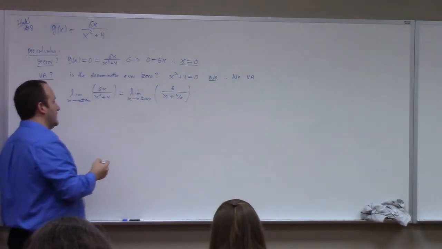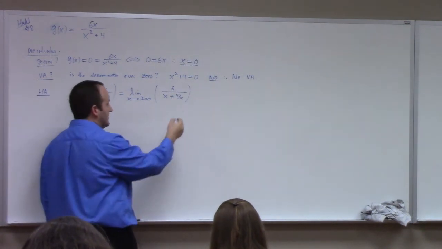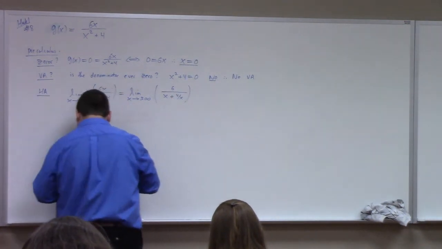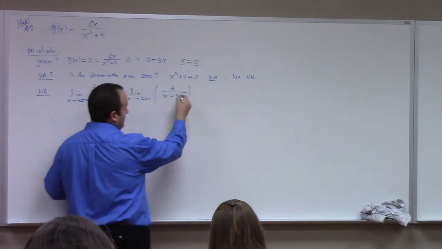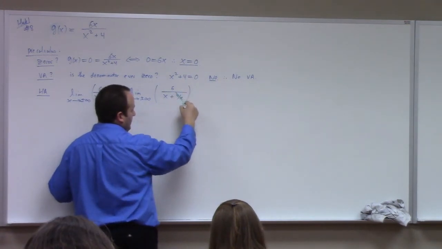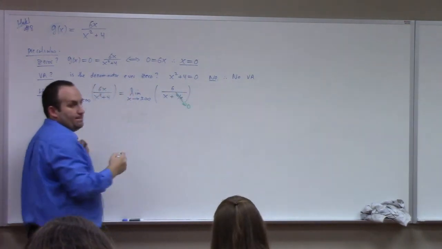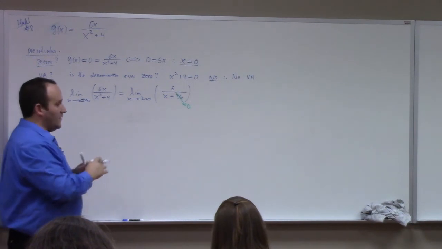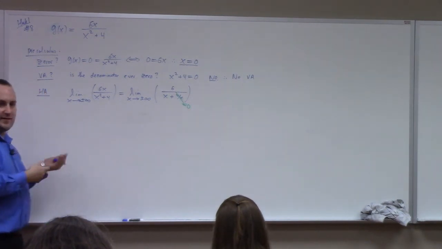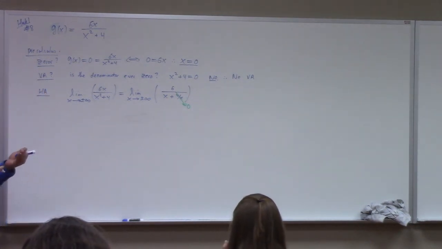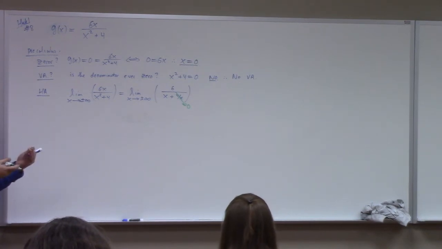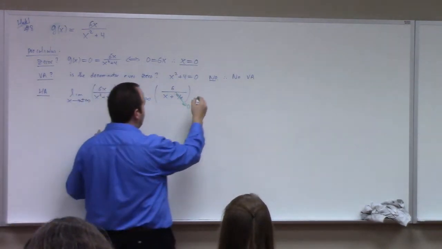What happens to 4 over x as x goes to plus or minus infinity? This piece goes to 0. So the whole thing is essentially like 6 over x for x very, very large, in either the positive or negative direction. So the whole thing is just 0.